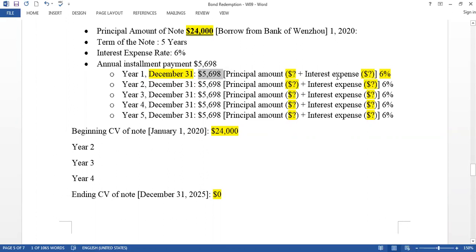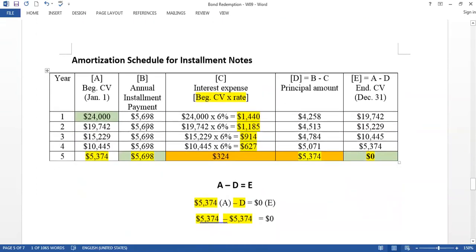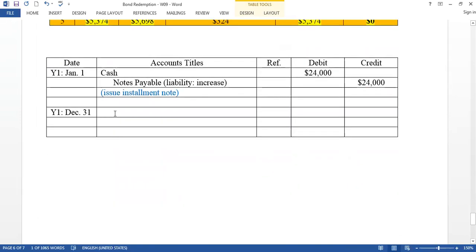This cash includes something about interest expense and something about your principal amount. Some part of the cash is expense, some part of the cash is your liability. You understand? So here we paid cash this amount. This amount is for interest expense, and this amount our liability decreases. So December 31st came. We pay cash.